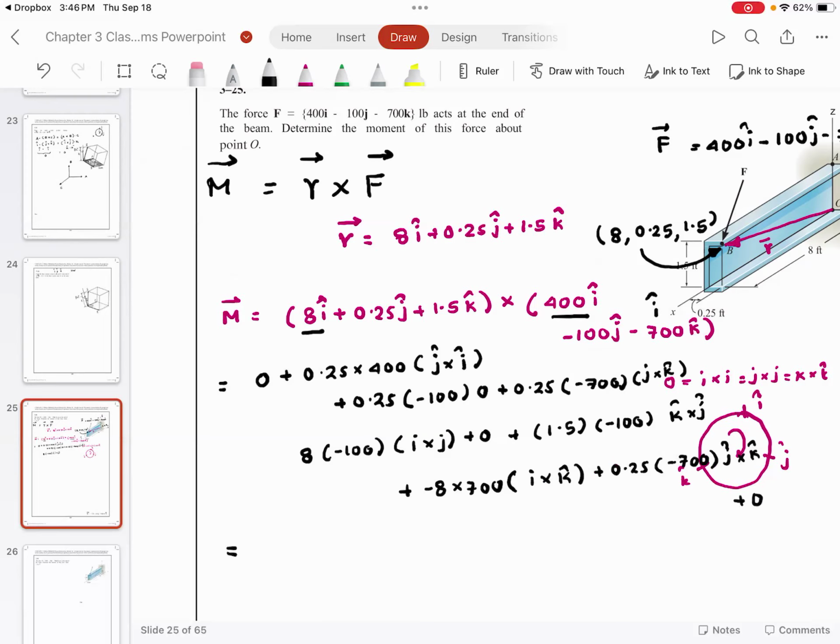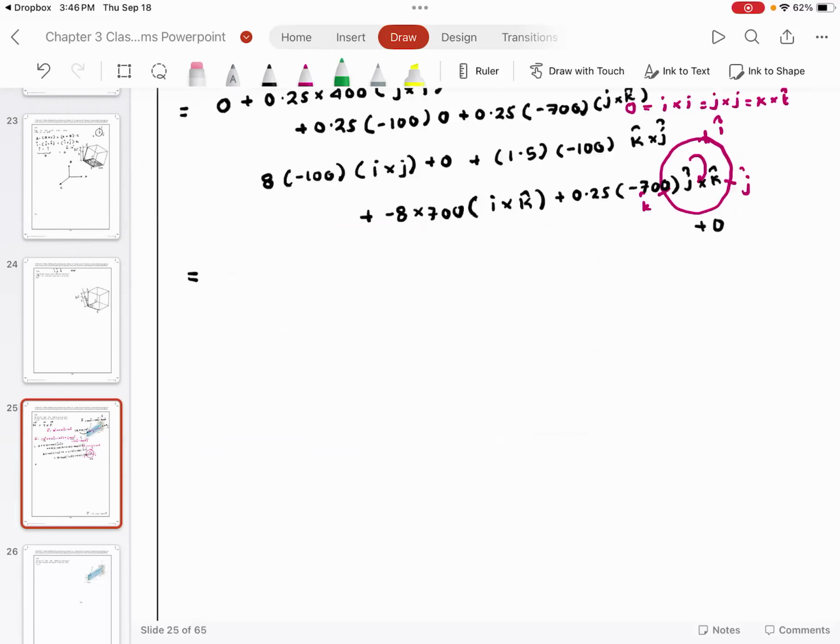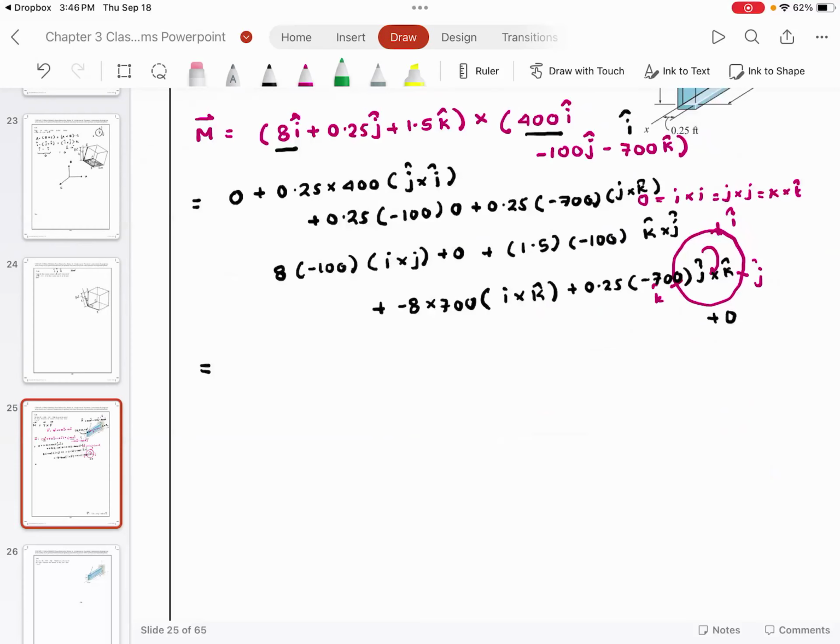So now the final answer is going to be 0.25 times 400, which is 100. j cross i is minus k. 0.25 times minus 100, this becomes 0. 0.25 times 700, which is 125. No, 175. j cross k is i.